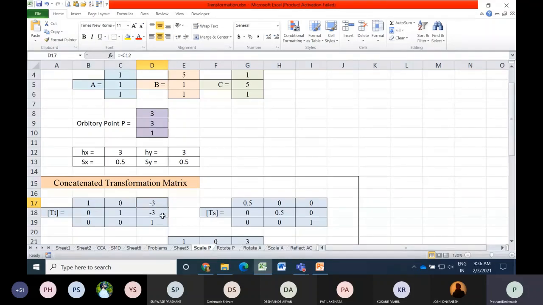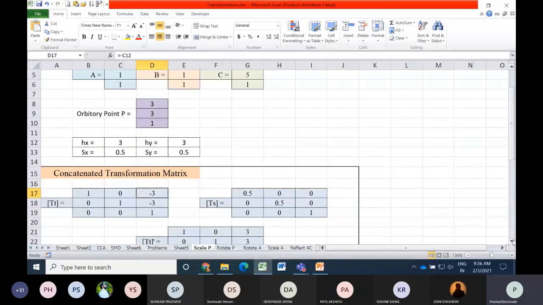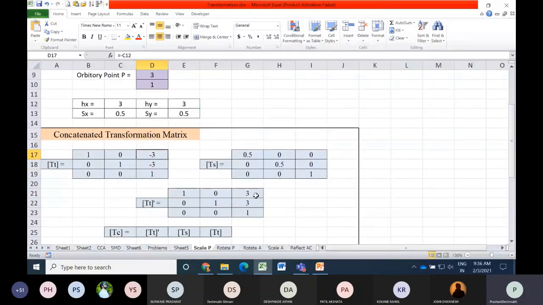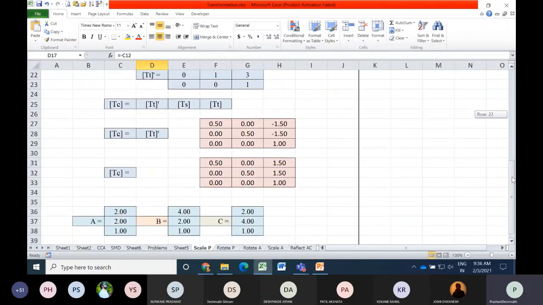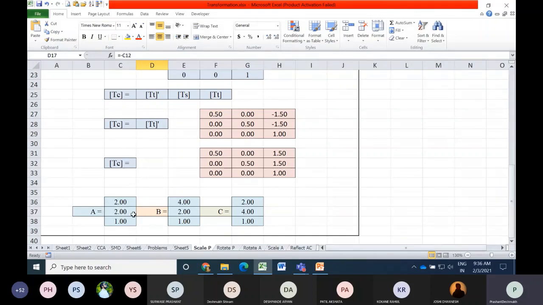So here tx, ty, hx, hy values I have taken. Now this will be your scaling factor, and again translate back. So now these are your new coordinates: 2 2, 4 2, 2 4.